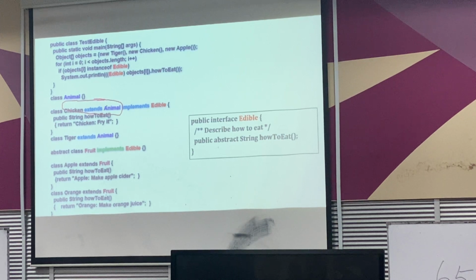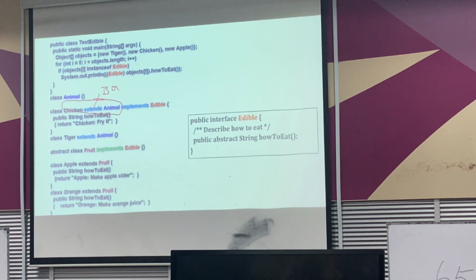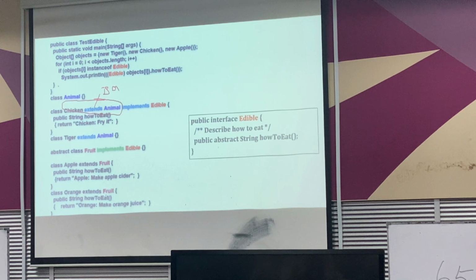It's an animal. Extends here means the relationship is-a. But when you say this is an interface file, where is it? Interval. Here, Interval.